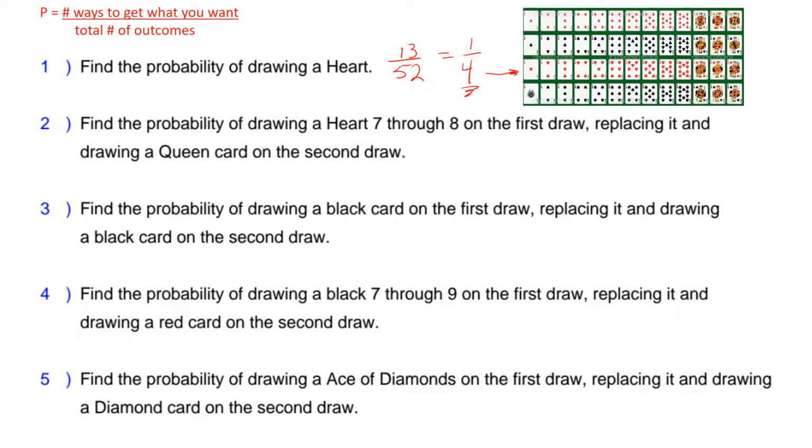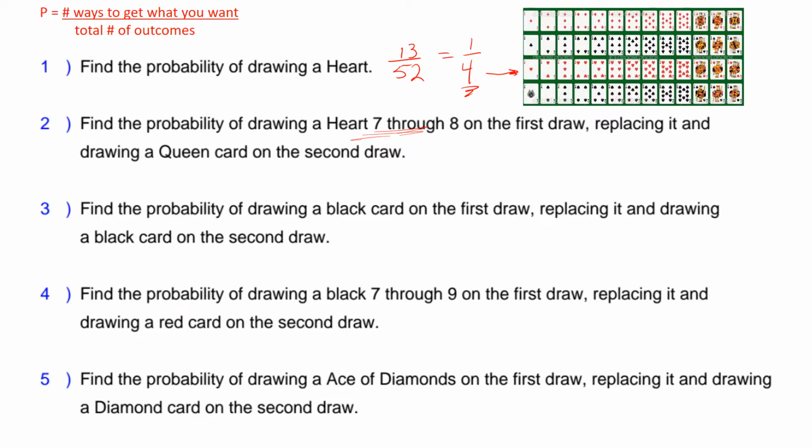Number 2, the probability of drawing a heart 7 through 8 on the first draw, replacing it and drawing a queen on the second draw. Okay, so the 7 through 8, all right. Now I'm making 2 draws here, so I'm going to draw a card and then I'm going to draw another card. That means I'm going to take the probability of each one individually and multiply them together.